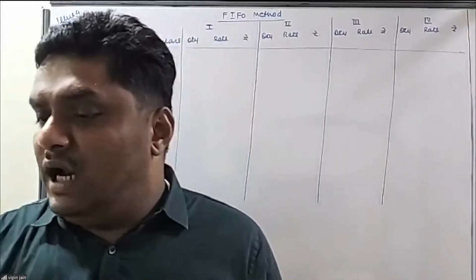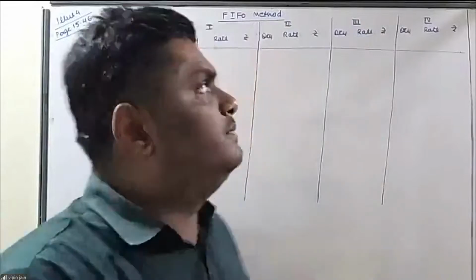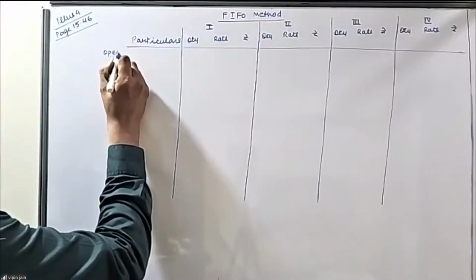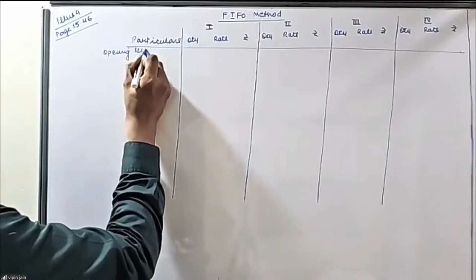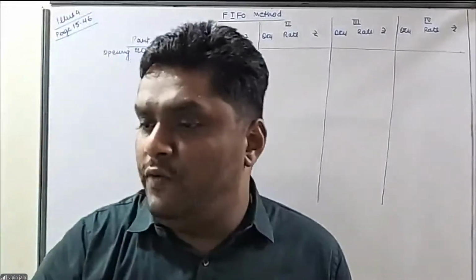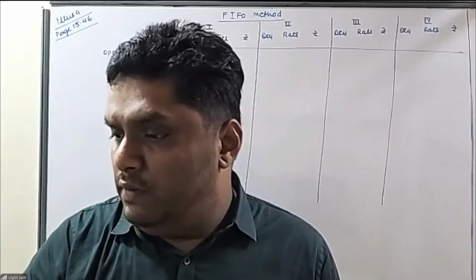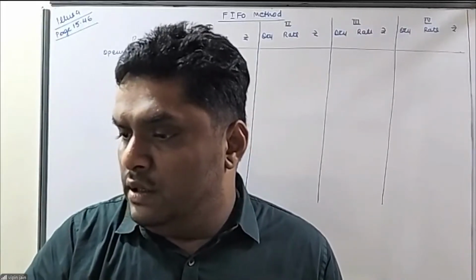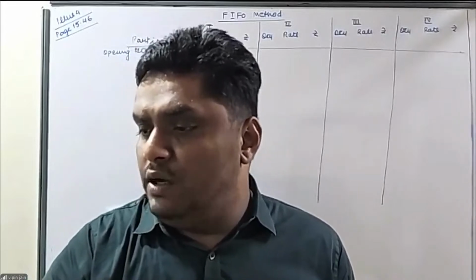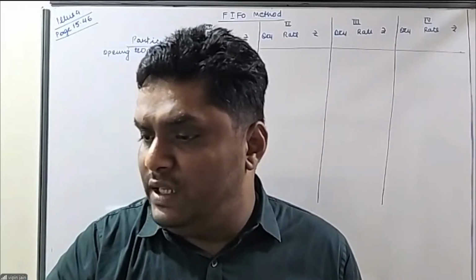So herein let's start with the opening stock first of all. When talking about the opening stock of raw material, we have it in our question, that is, I think it was 10,000 kgs. So the opening stock of raw material is 10,000 kgs, and the value is also given in the question.